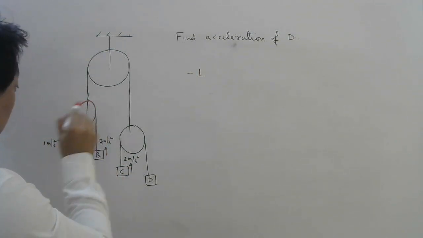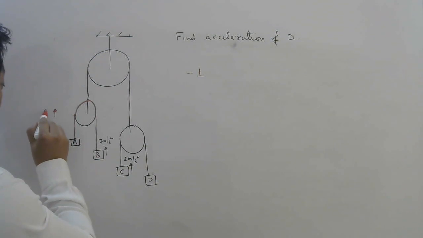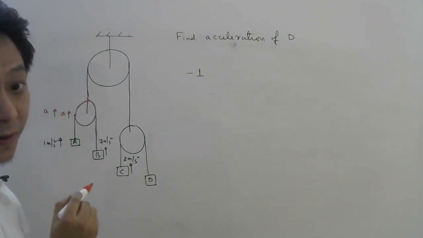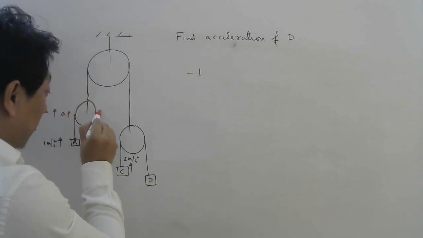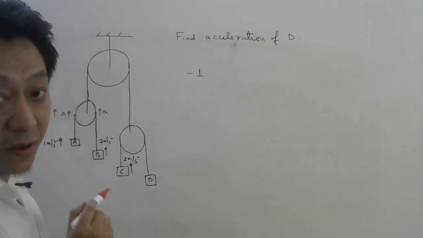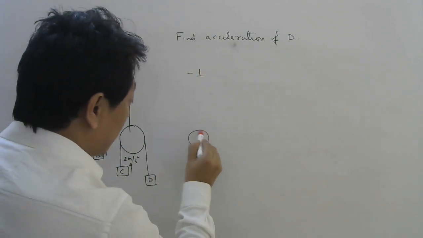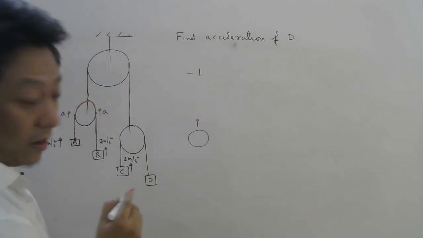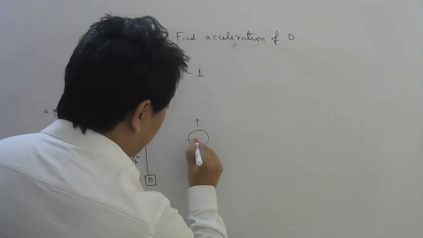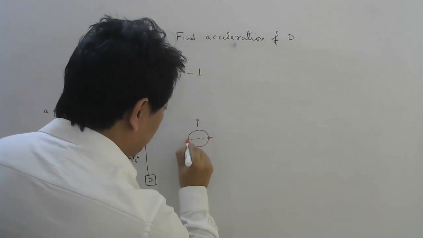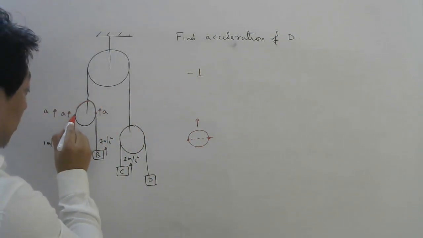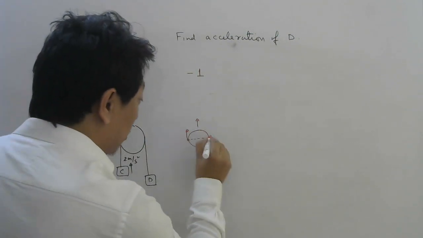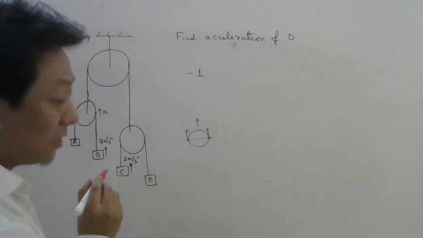So if this pulley has acceleration A up, this point will also have acceleration A up. In fact, even this point will have acceleration A up, right? If your pulley is going up with some acceleration, then all these points, including this point and this point, which correspond to this point of the string and this point of the string, those two will also have the same acceleration, right?